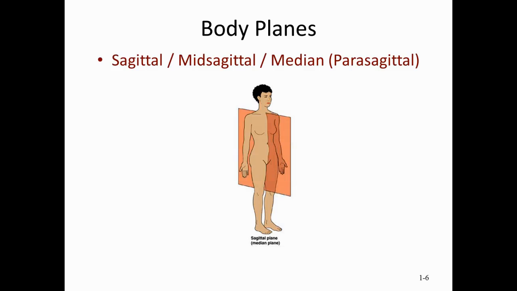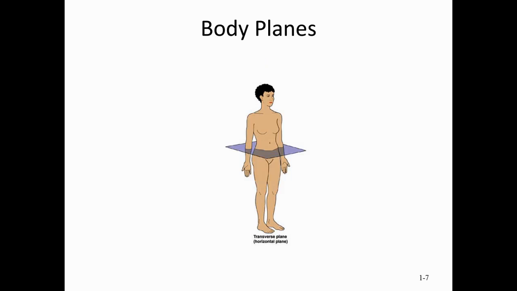And there we go, sagittal, mid-sagittal. We can also call it a median section. And again, parasagittal would be just off to the side. This one is going to be a transverse, horizontal, or cross section. A transverse section is going to give us a top and a bottom. Okay, so we'll have a superior piece and an inferior piece.